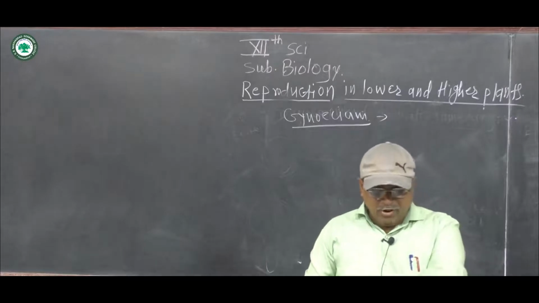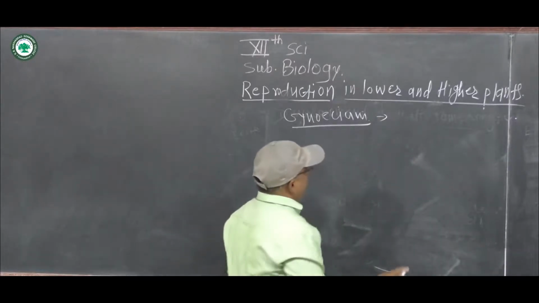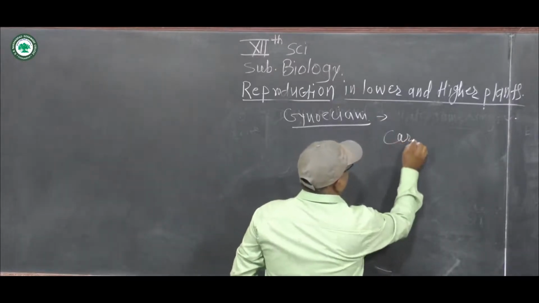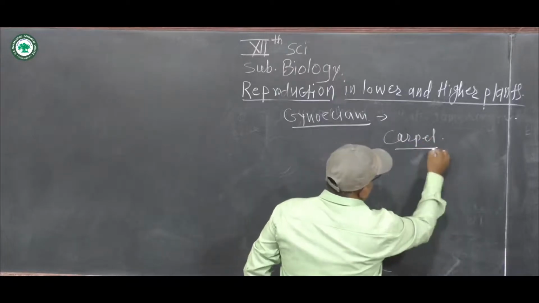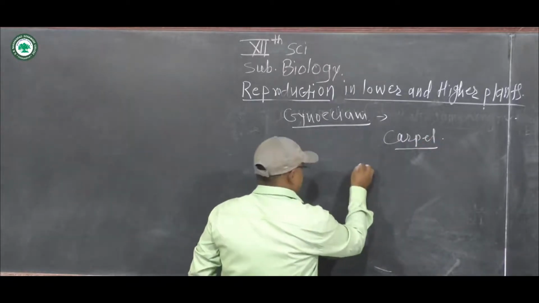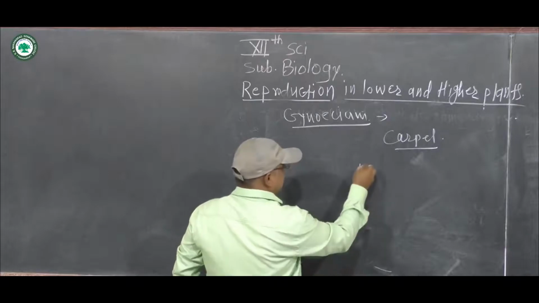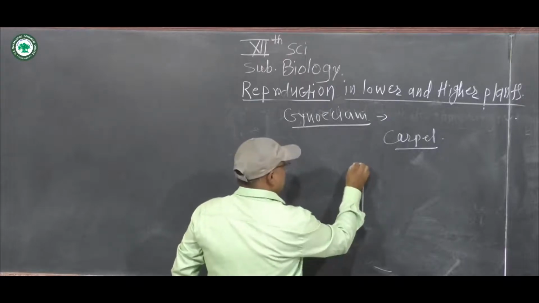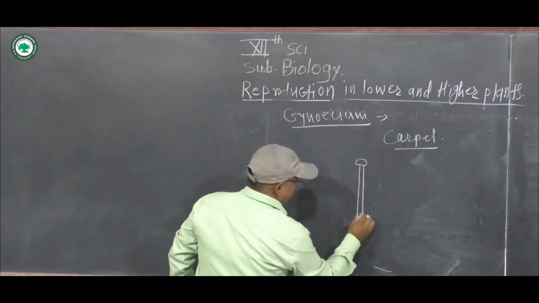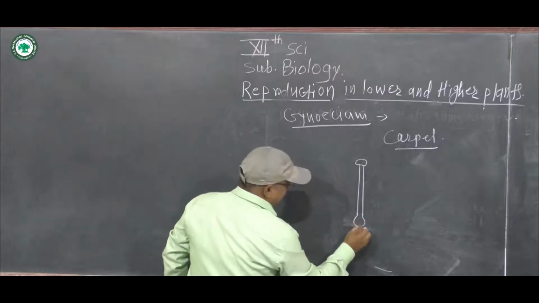Individual member of gynoecium is called the carpel. Carpel consists of stigma, style and ovary.